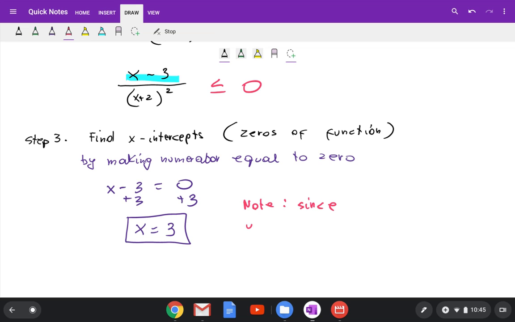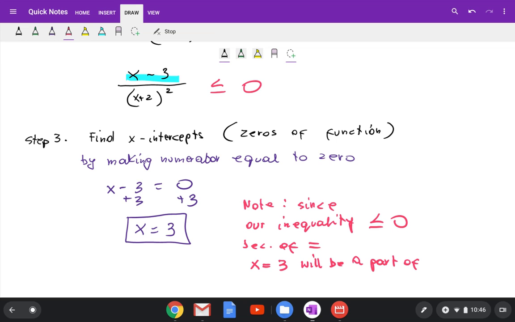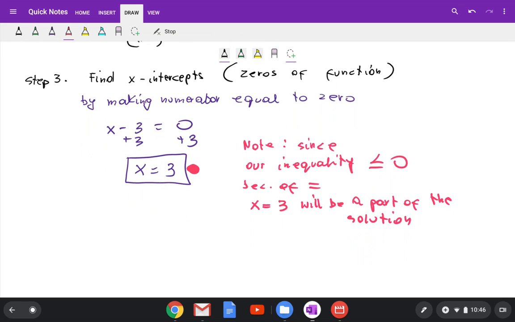Since our inequality has a sign less than or equal to 0, because of the equal, x equal to 3 will be a part of the solution. What that means is, for x equal to 3, when we graph it, you're going to keep your circle closed. So that was step 3.